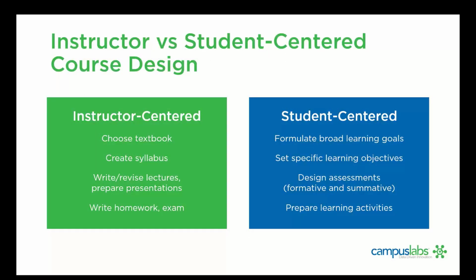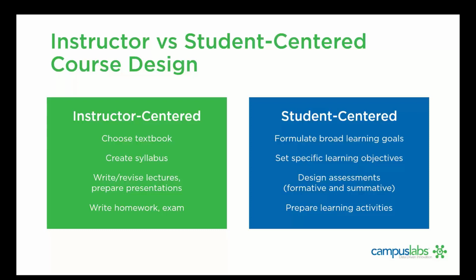Instructor-centered usually focuses on the instructor choosing the textbook, again, creating the syllabi, writing and revising lectures and preparing their presentations, creating ahead of time the homeworks, the exams, the assignments. Student-centered really starts with the goals.